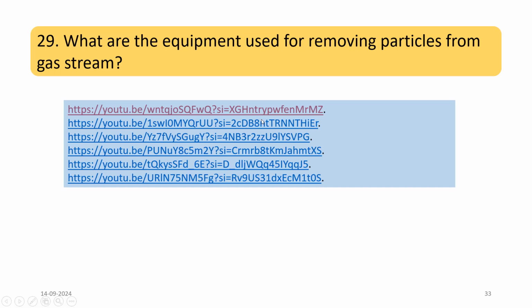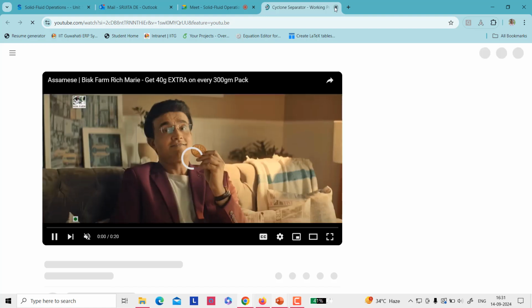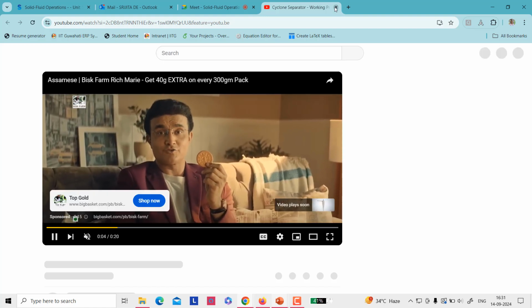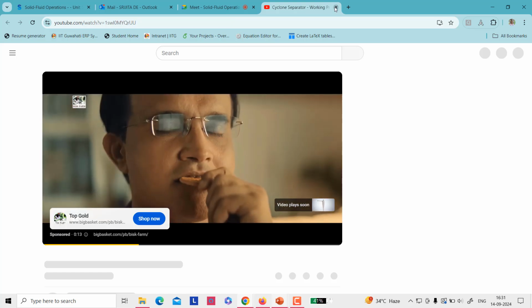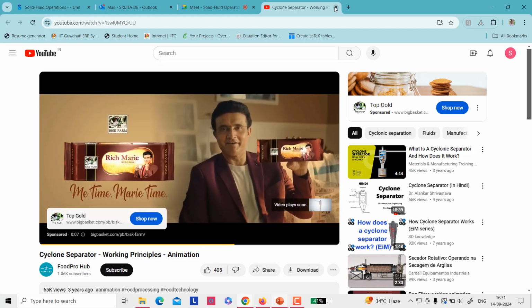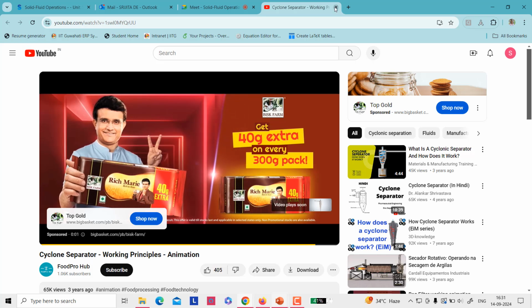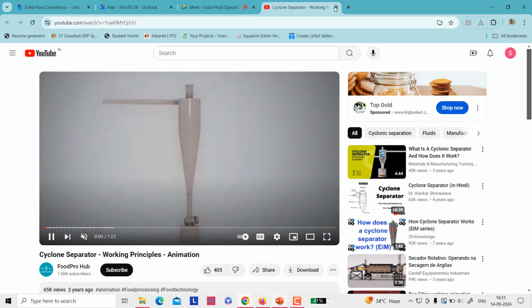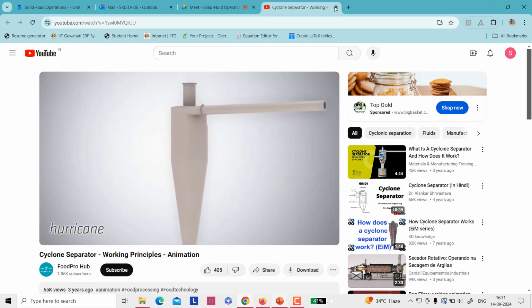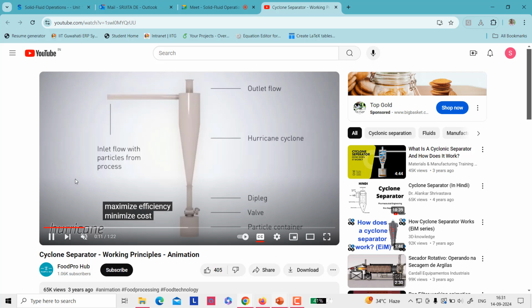Next one is the cyclone separator. This is the inlet flow with the particles from the process.